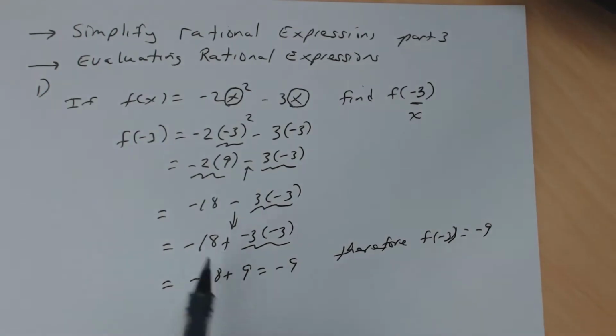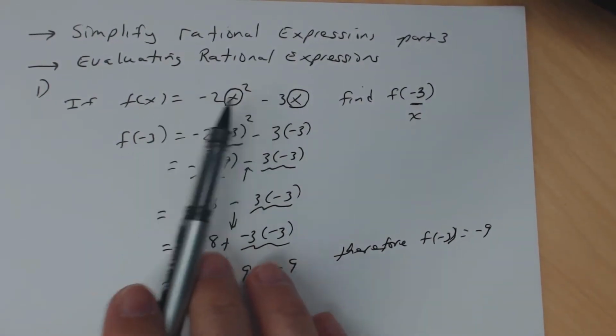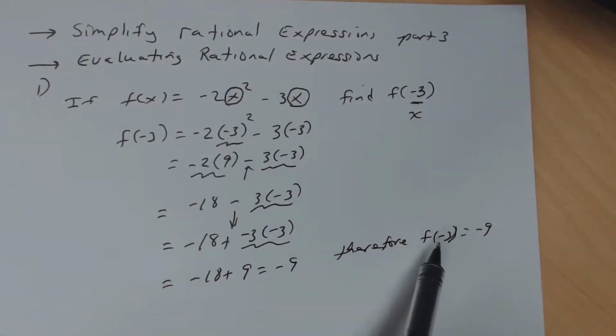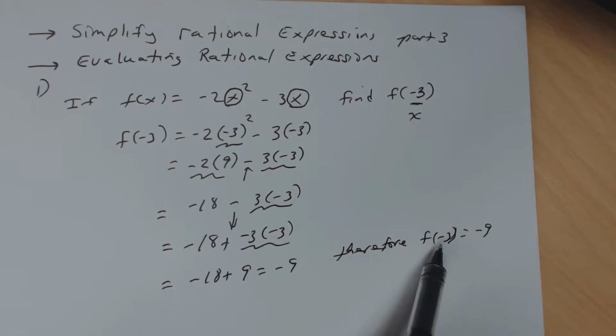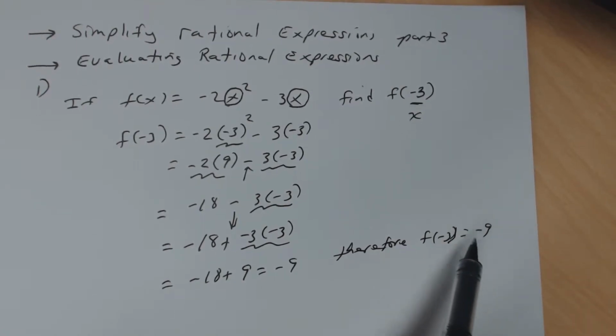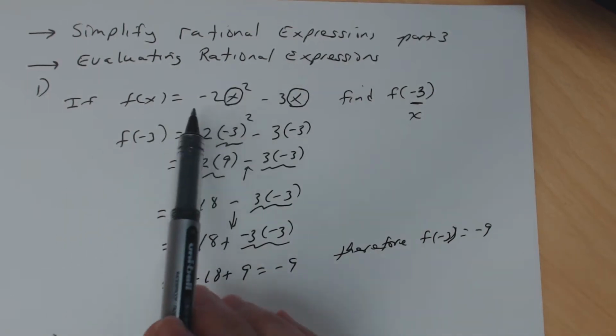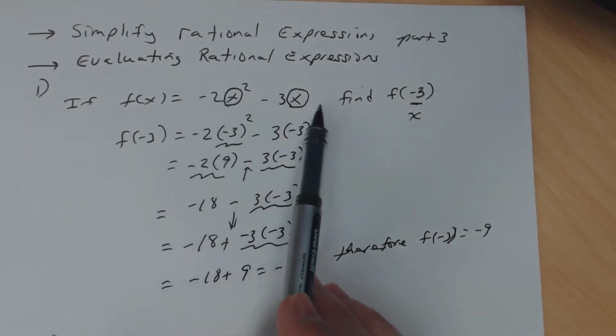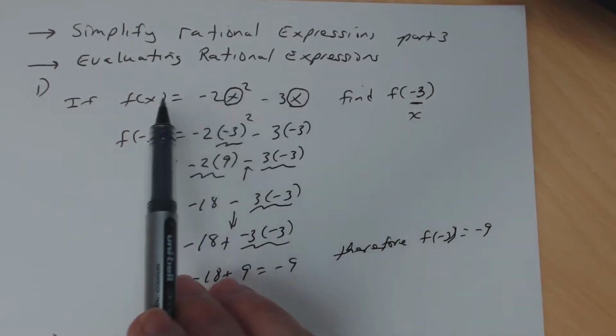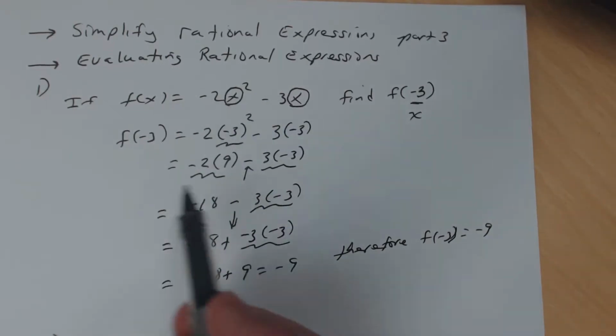So if you were to graph this function, what you found was that when the x value is negative 3, my y value is negative 9. That's what you found. Now, in this particular lesson, though, we're going to be looking at rational expressions. Remember, this is a polynomial expression.